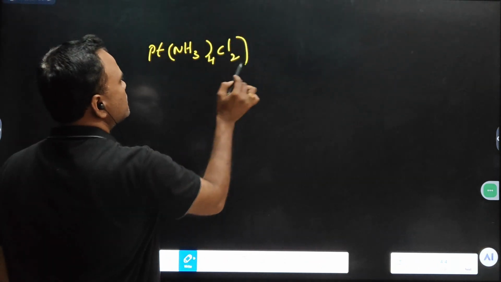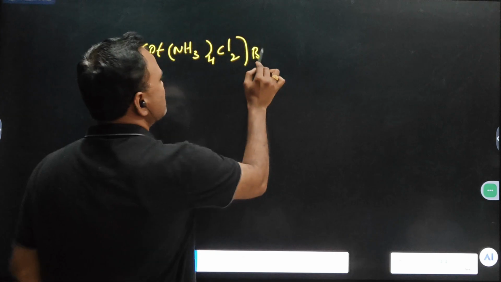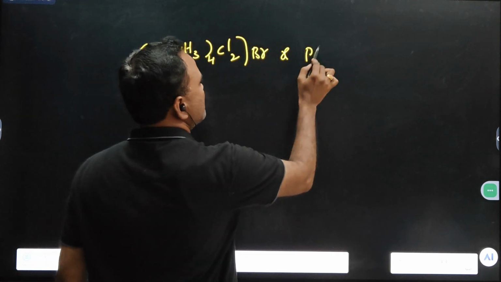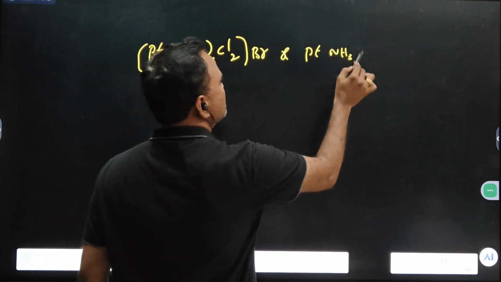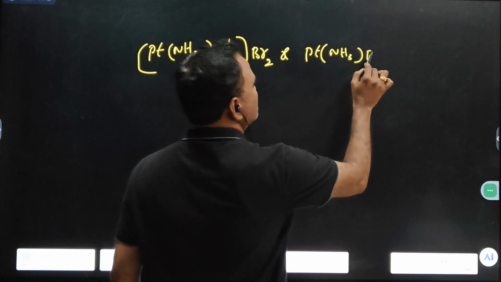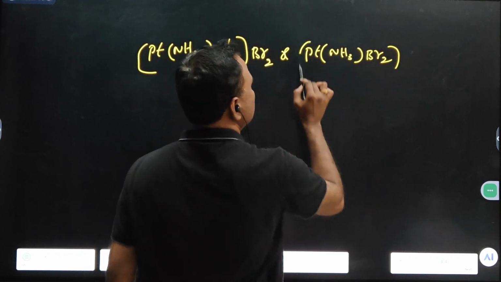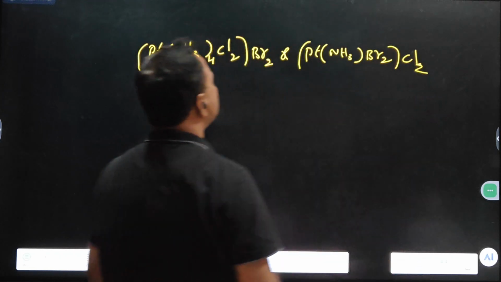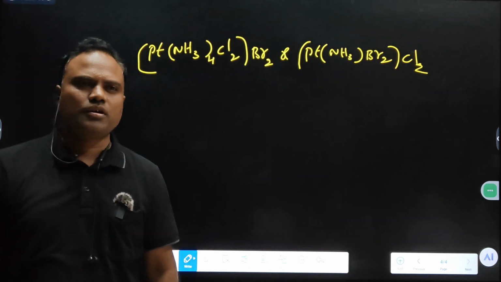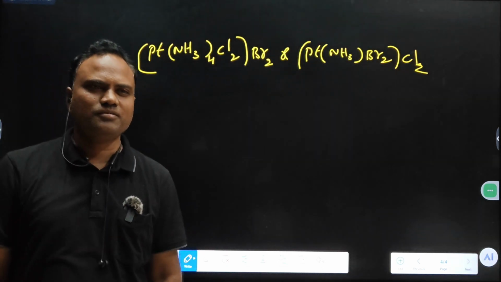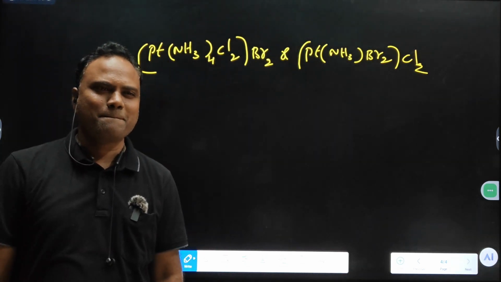You tell me, can these two be considered as ionization isomers or not? Bhakti?